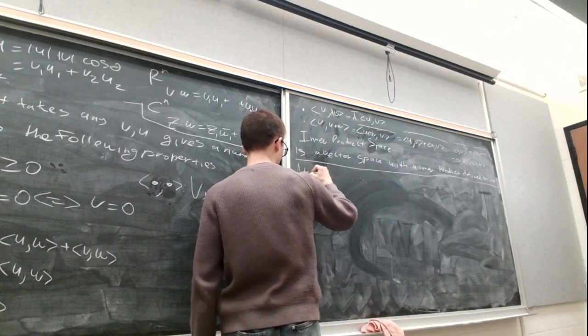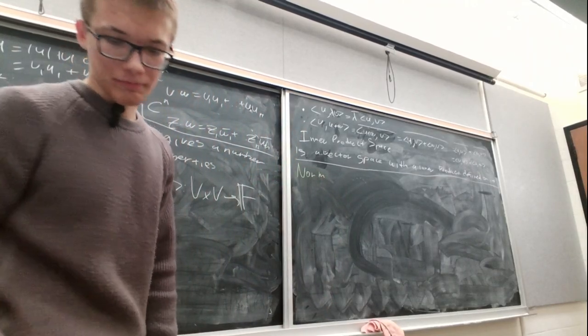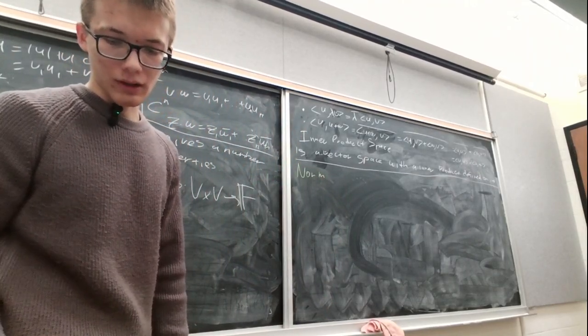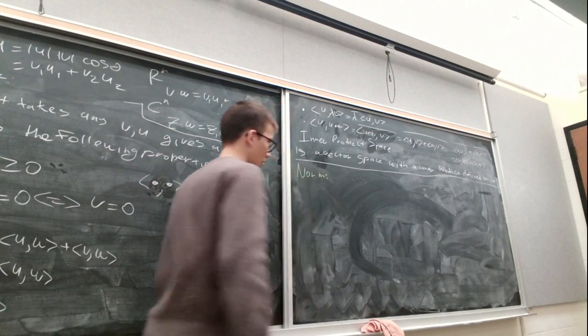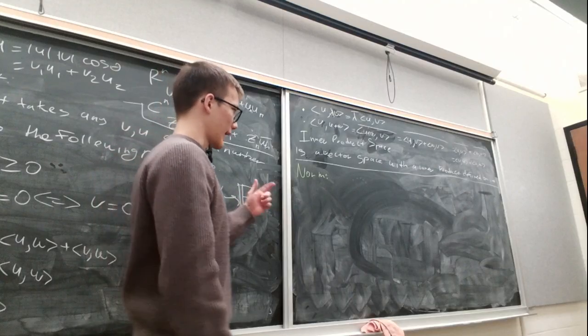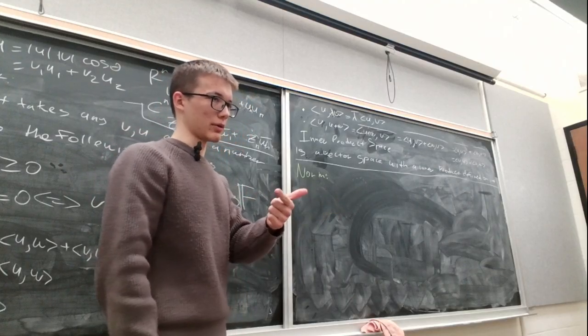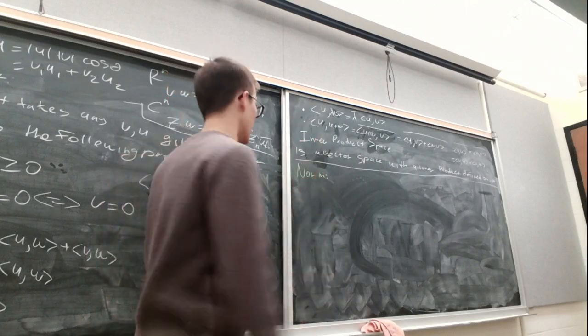So we have norm. Norm is basically it takes a vector and gives a number, and has 4 properties.